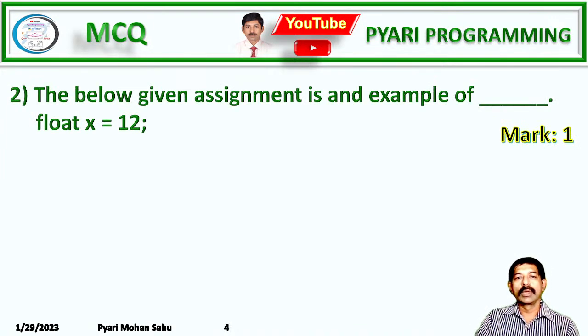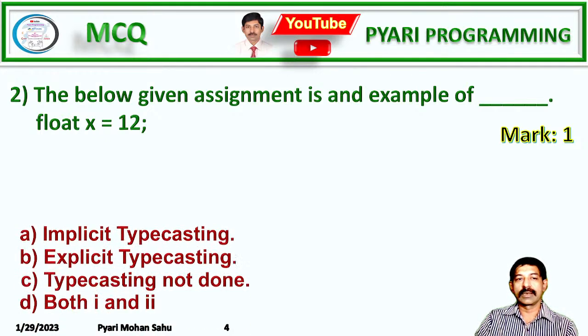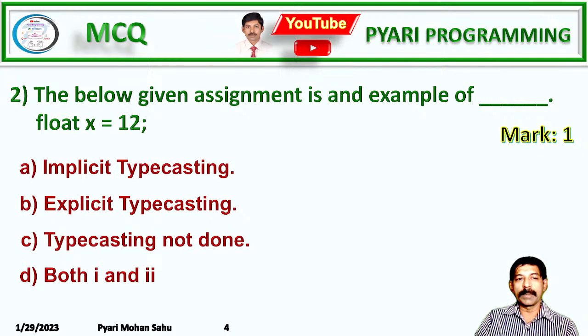So next question. The below given assignment is an example of what? The options are implicit typecasting, explicit typecasting, typecasting not done in this case, and both 1 and 2, both implicit and explicit typecasting done in this case.